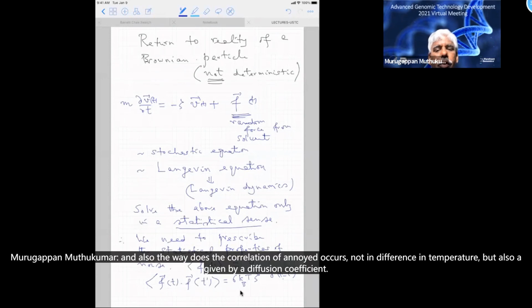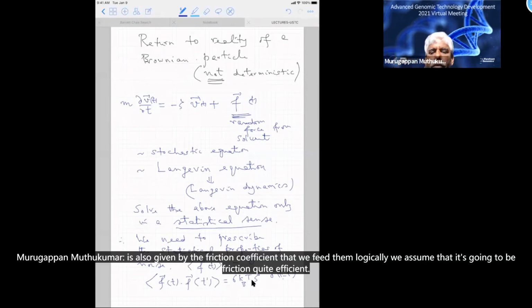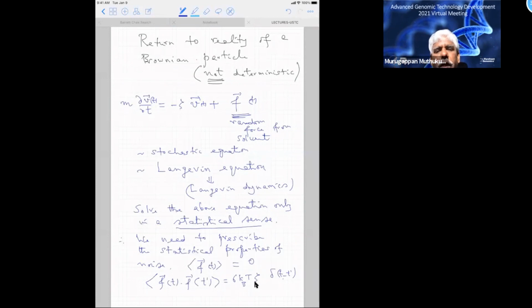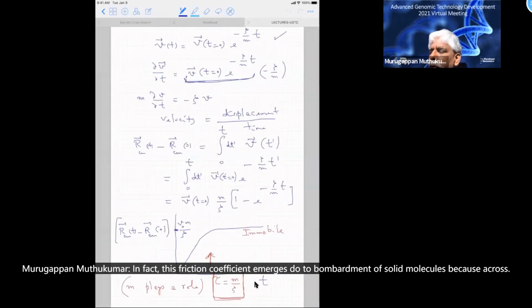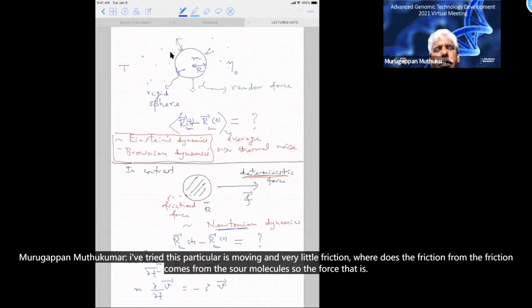And the way this correlation of noise occurs not only depends on temperature, but also is given by the friction coefficient, which we phenomenologically assume. In fact, this friction coefficient emerges due to bombardment of solvent molecules, because after all, this particle is moving and there is going to be friction.